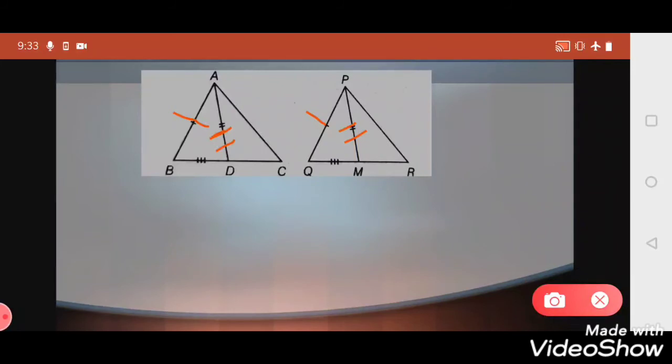And the third given is that the whole line BC is equal to QR. These three things are given as equal. Median means it divides the opposite side of the given angle into two equal parts.